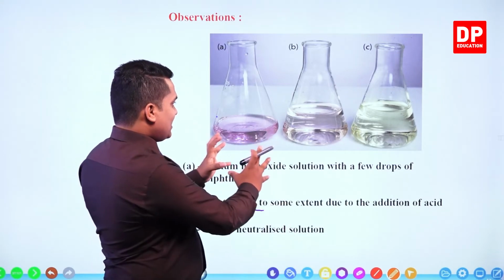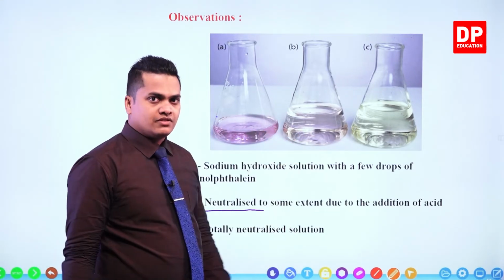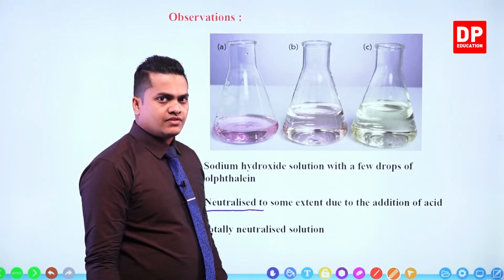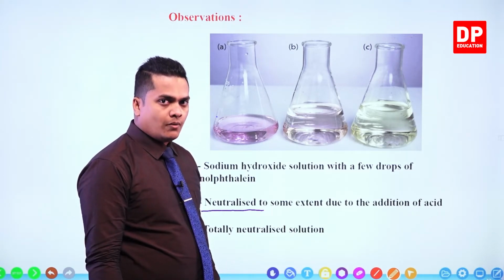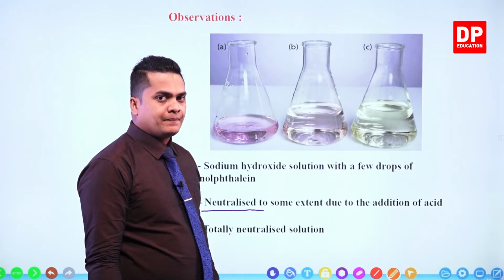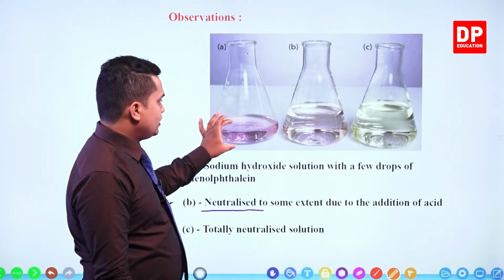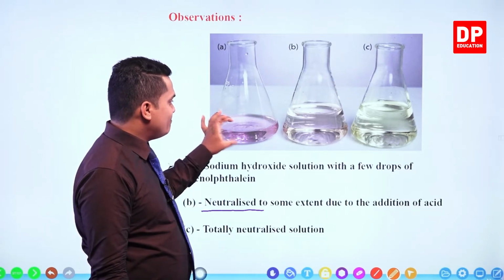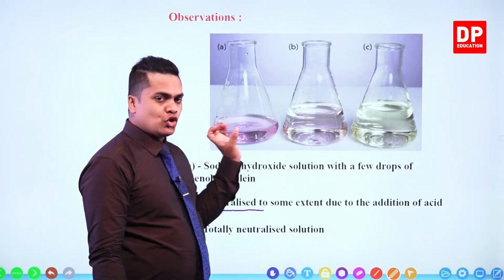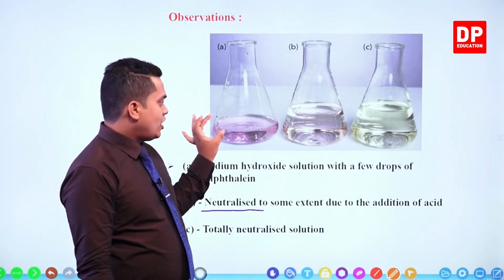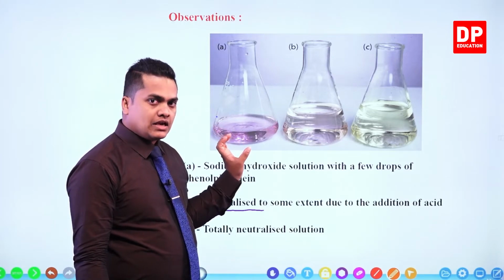So these are the three colors of the solution that we can obtain finally. The initial solution has a basic nature, and to show the basic nature, phenolphthalein has a pink color.